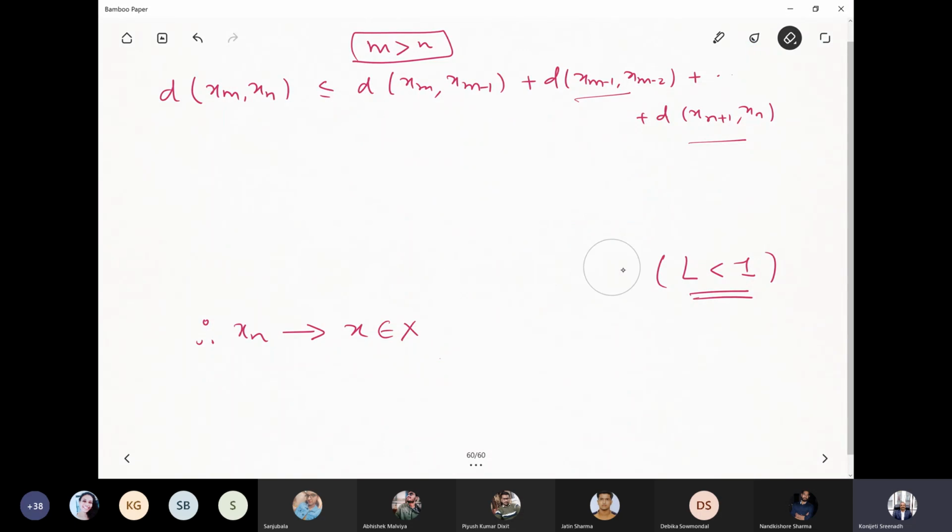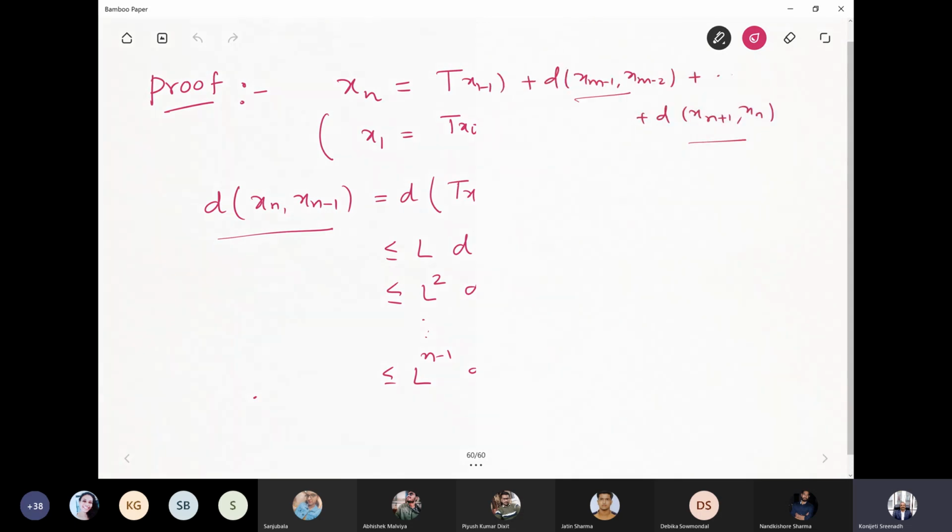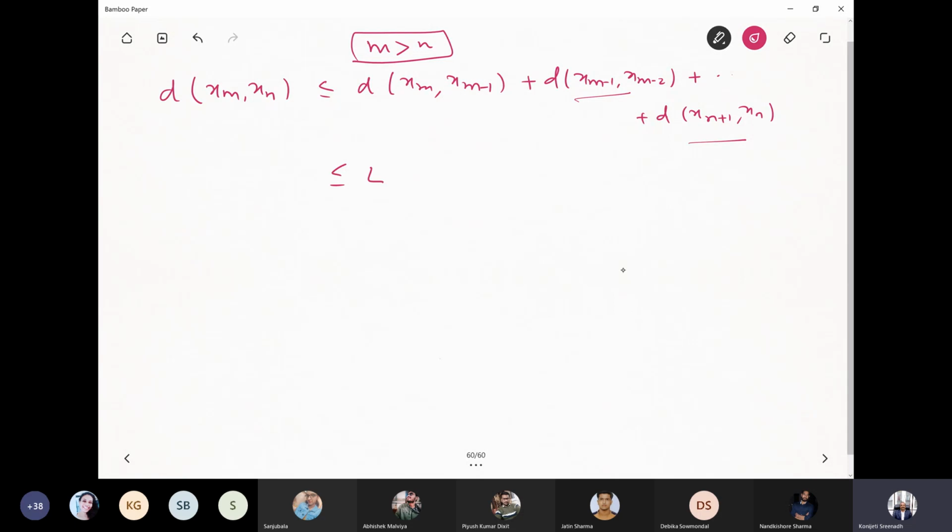See, there are certain things which you can do and certain things which you cannot do. So use the previous inequality here. d of xm and x(m-1) is going to be L to the power m minus 1. So this is going to be less than or equal to L to the power m minus 1 into d of x1 x0, plus what is the next one?